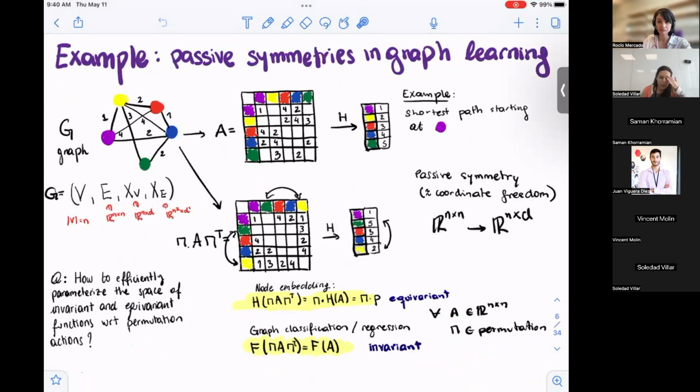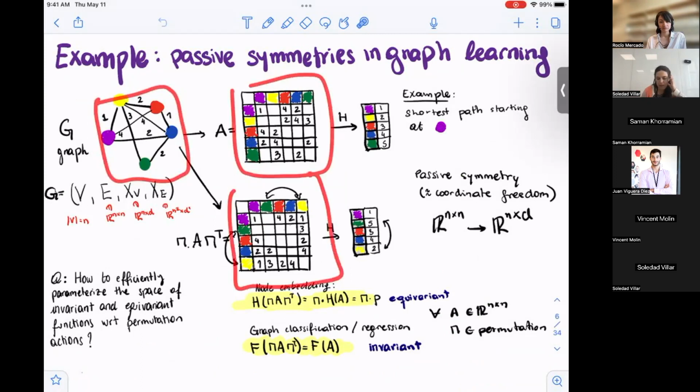One example that is very common these days in machine learning is graph learning. When you look at graph neural networks, these are designed so that they are equivariant with respect to permutations. And this is a passive symmetry in the sense that this is a graph, and I can write this graph as an adjacency matrix, and the choice of adjacency matrix is not unique.